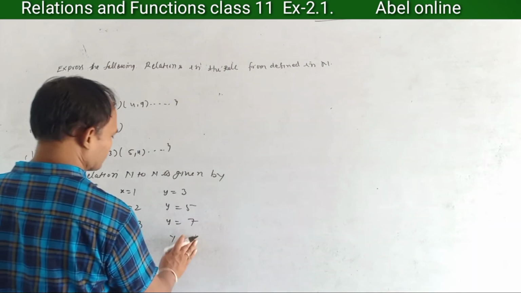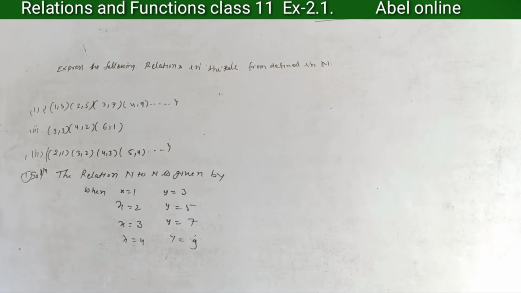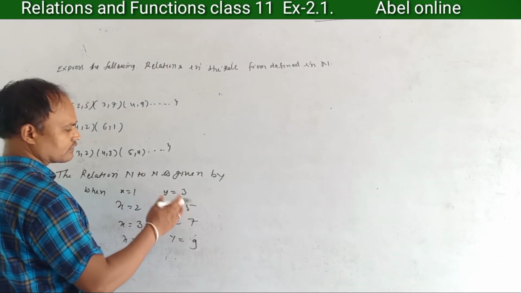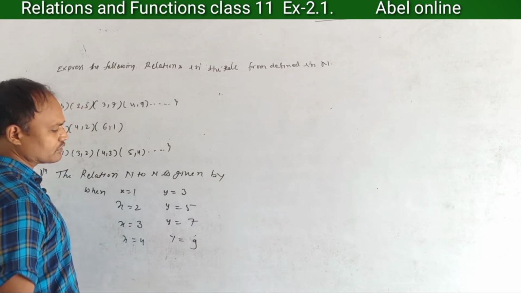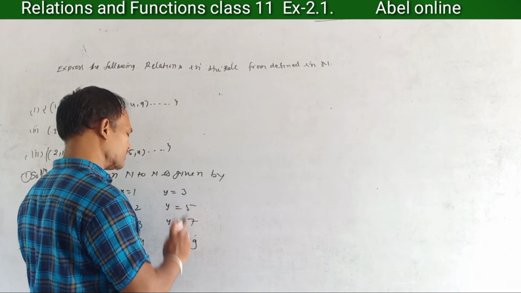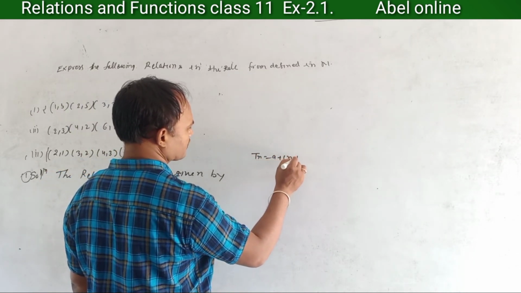So look at here. Is there any relation between them? 3, 5, 7, 9 is in AP: 3 plus 2 is 5, 5 plus 2 is 7, 7 plus 2 is 9. So when we put 1, 2, 3, 4, the value is Tn equals a plus n minus 1 times d.